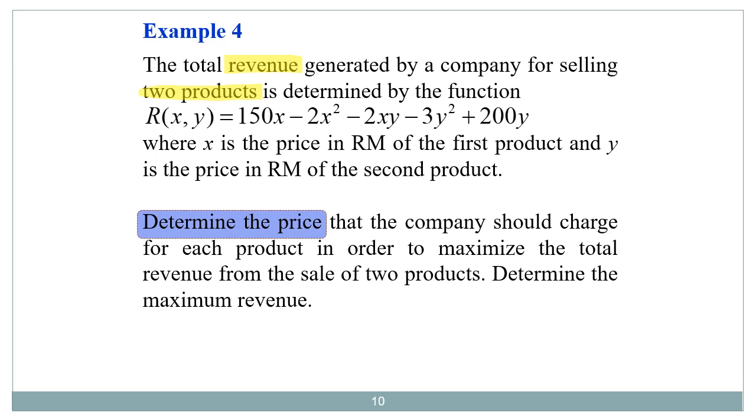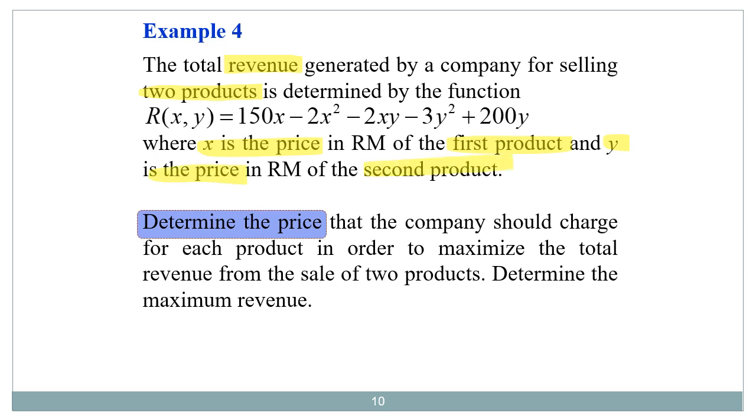It's determined by the function R of x, y equal to 150x minus 2x squared minus 2xy minus 3y squared plus 200y, where x is the price in RM for the first product, and y is the price in RM for the second product.